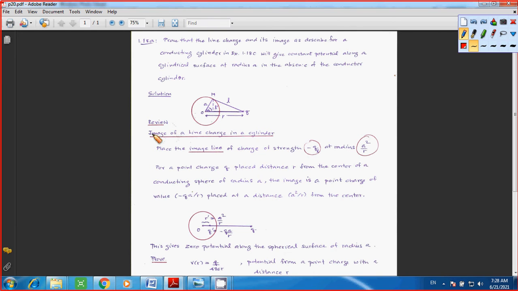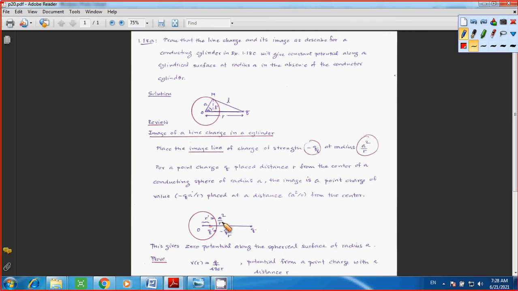We're going to apply the image of a line charge in a cylinder. You have to keep in mind that when you have the point charge q with distance r from the center, you can create the image charge q prime, which is negative qa over r, the opposite charge, at distance a squared over r from the center.